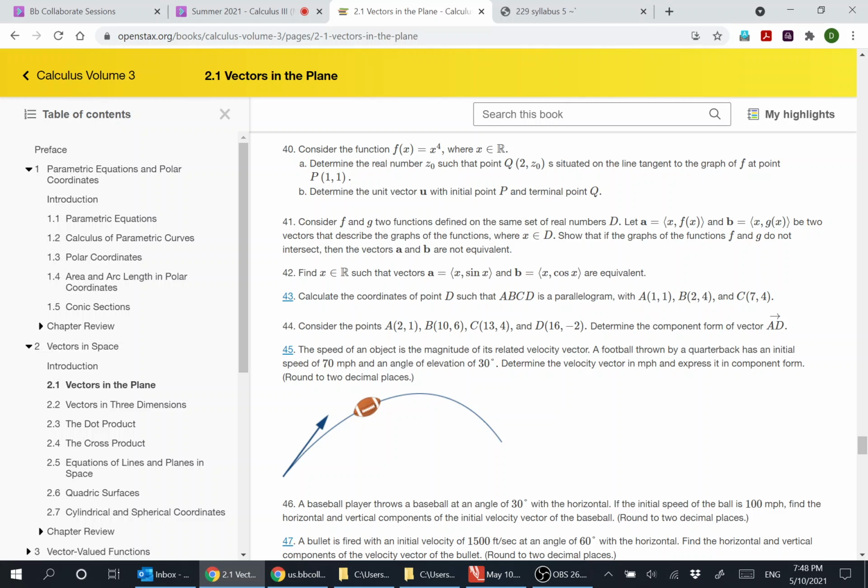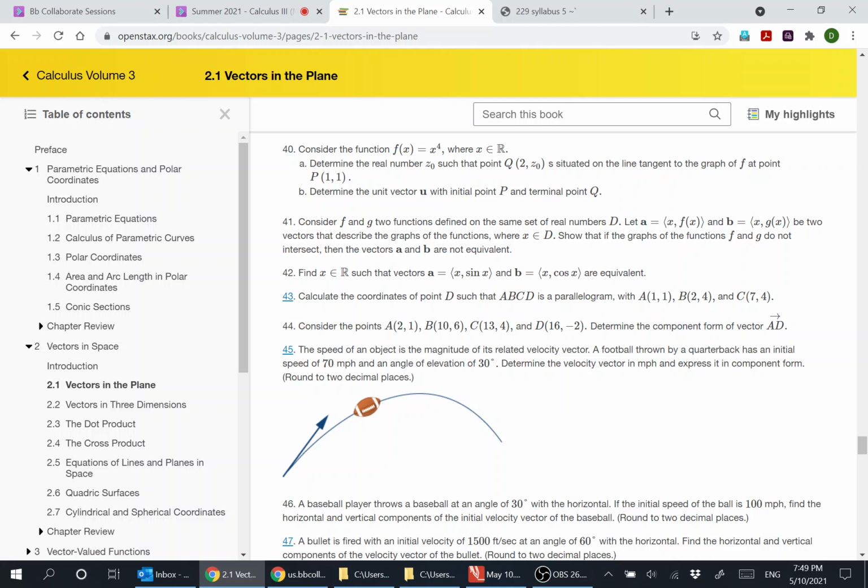The speed of an object is the magnitude of its related velocity vector. Okay, so if you've got an object that has a certain velocity, it is thought of as a vector. It's something with a magnitude and a direction.